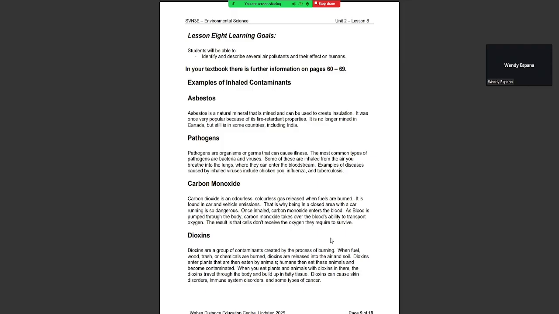Pathogens. Pathogens are just anything that can cause illness, like organisms such as viruses, bacteria, things that we call germs. Pathogens are germs. And you can breathe in a pathogen.